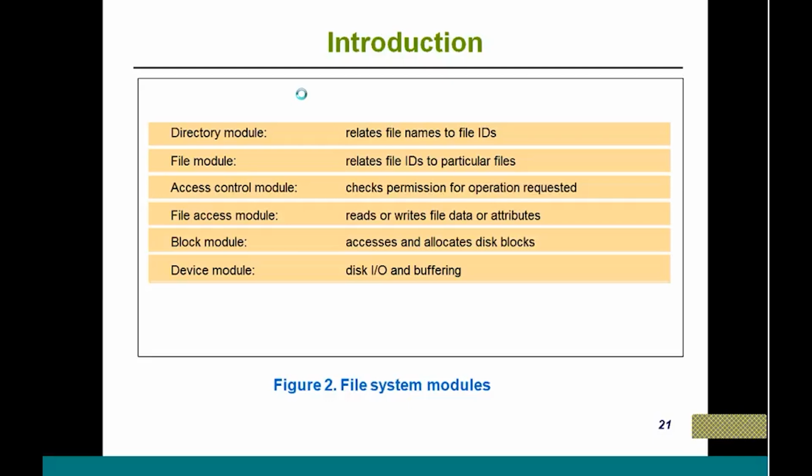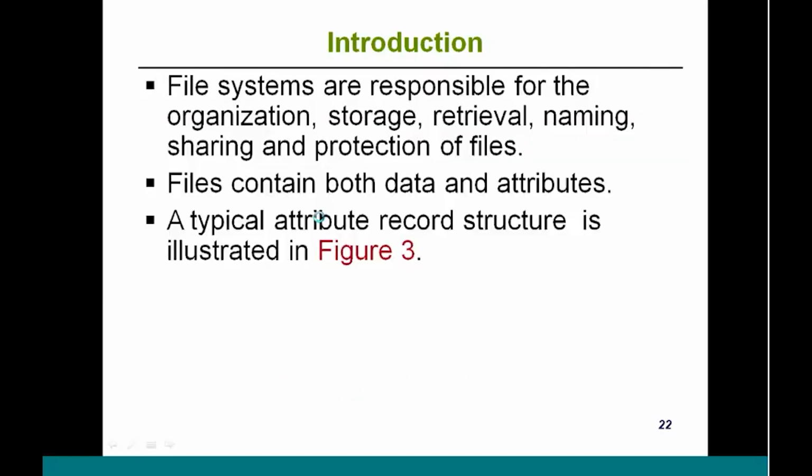As I mentioned, you need to know which sector or which block the program is residing in, and that is all taken care of by the block module. And then the device module does the disk I/O and the buffering. It communicates with the disk and stores the various files in it. So this is a very simple single user file system.